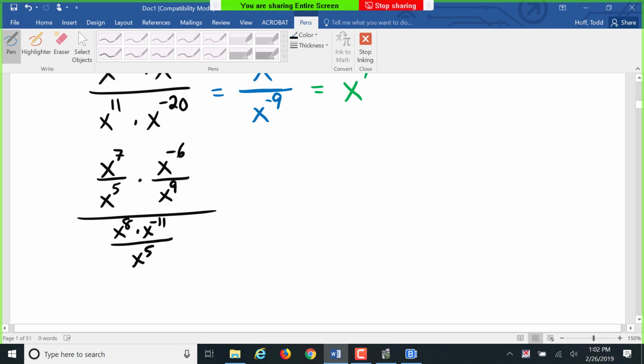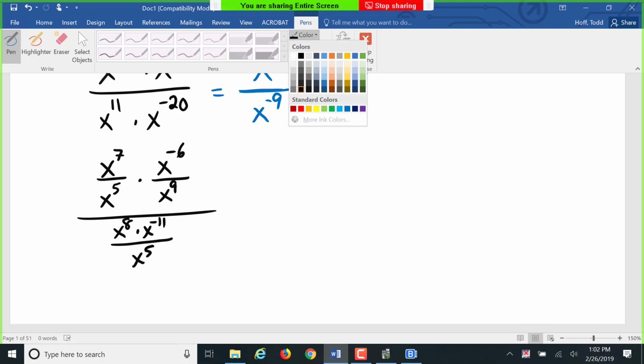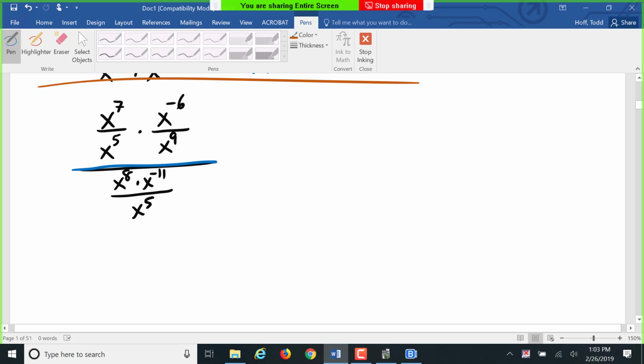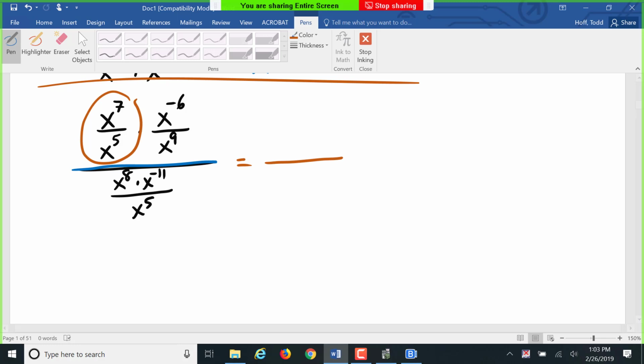So this one's a little bit more interesting. I wrote a little bit small there, but here's our main fraction bar. It's our main enclosing symbol. We have to do everything on top first. Well, we see up on top that there are some other things that we have to do before we get too far. We're going to have to divide out this one here. What is x to the 7th divided by x to the 5th? X to the 2nd.